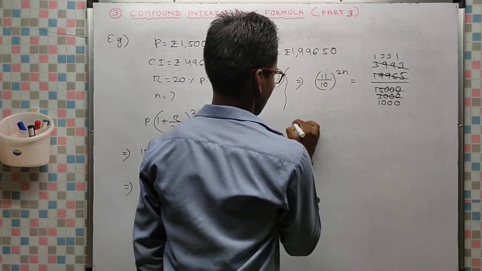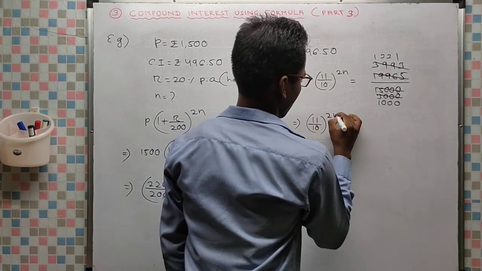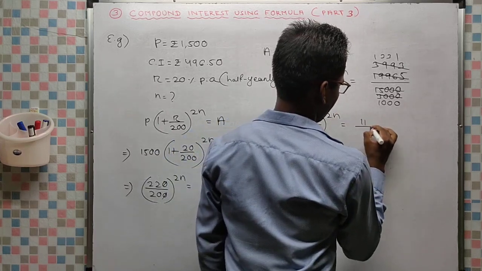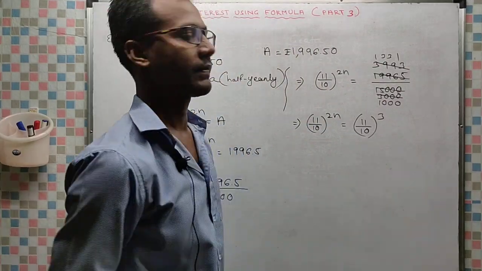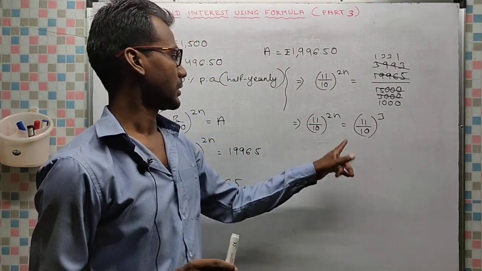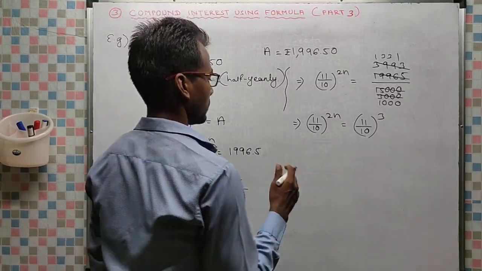So 1331 by 1000. So this becomes (11 by 10) power 2n is equal to (11 by 10) power 3, because 11 cube is 1331, 10 cube is 1000. Okay, and the base is same, so you can equate the power.